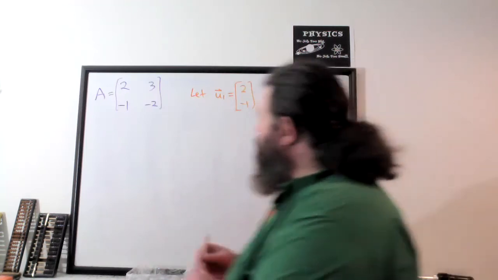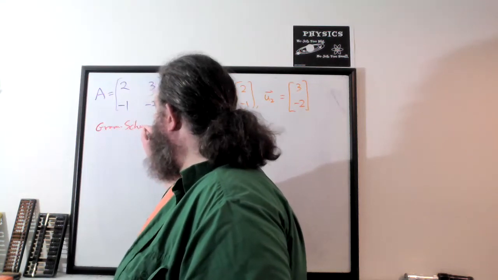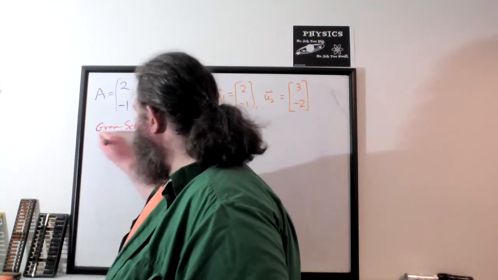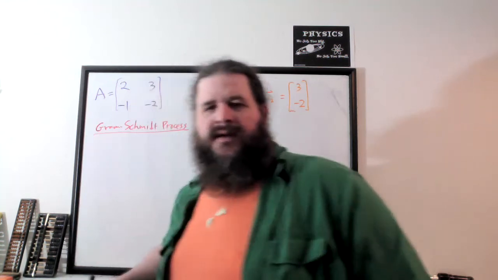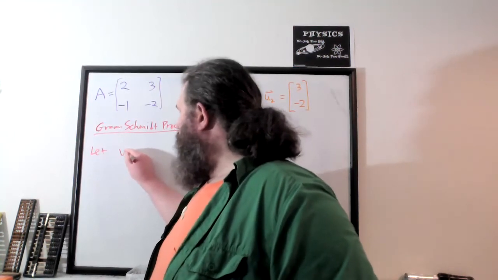So the Gram-Schmidt process for orthogonalizing vectors. The idea is we're going to make 2 new vectors. In this case, we usually call them V1 and V2.